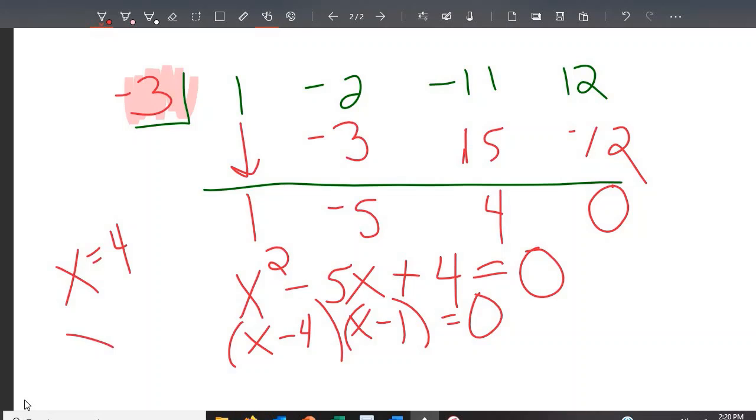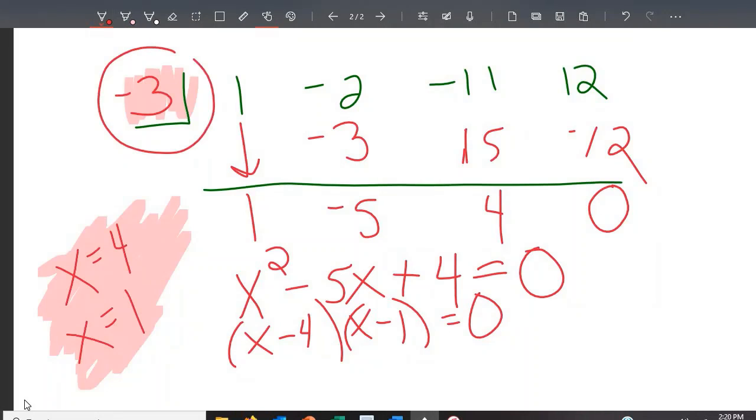The x minus 1, x will be +1. These are my 3 solutions, also called roots, also called zeros. Now, in this example, we were told what to put right here. That's good. I need to know that in order to do these problems.